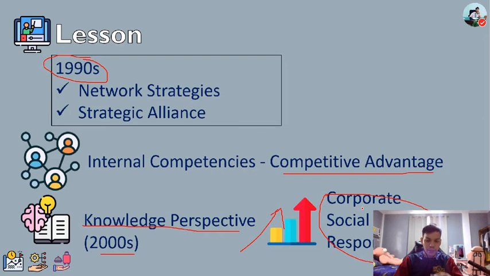What do you mean by corporate social responsibility? In an organization or in business, we need to have a responsibility to the community or to the people that surround our businesses. They should not be negatively affected by our business activities.